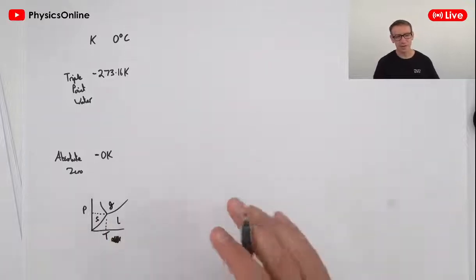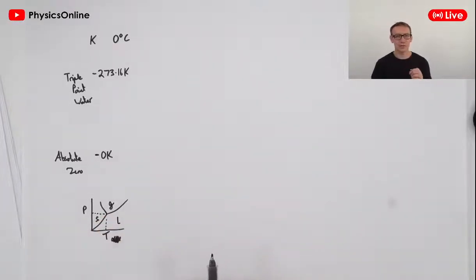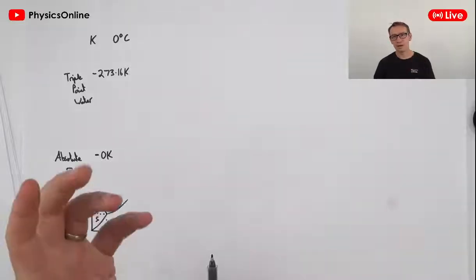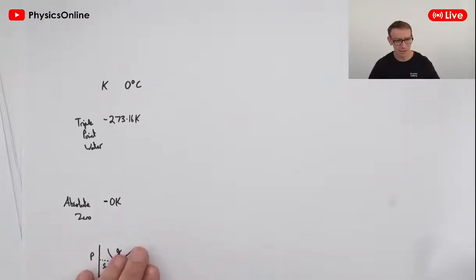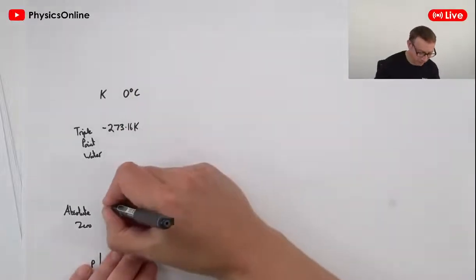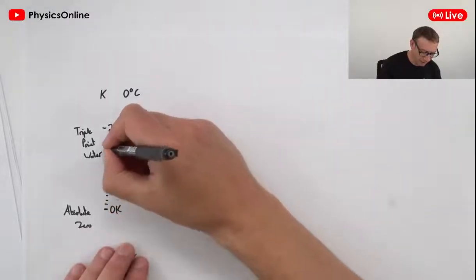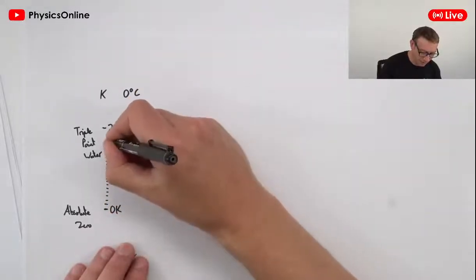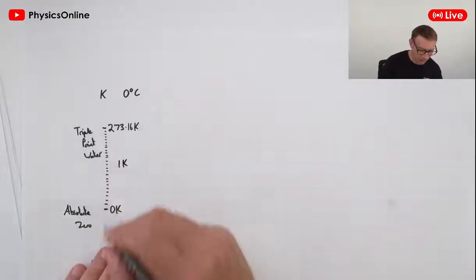Basically there's a thing called a triple point where at the same temperature we can have liquid water, ice, and water vapor, so gas. And they're the things that define the Kelvin scale, and there's basically 273.16 bits between it, and each of those is equal to 1 Kelvin.